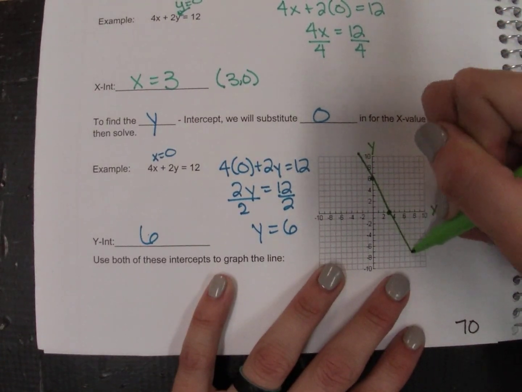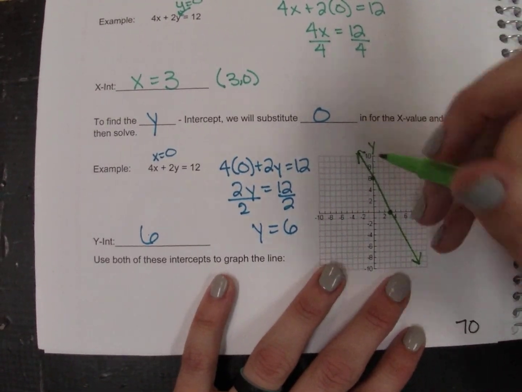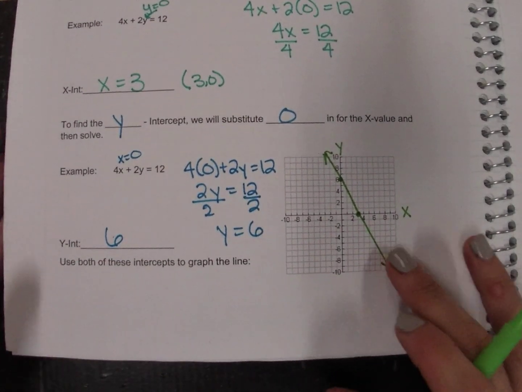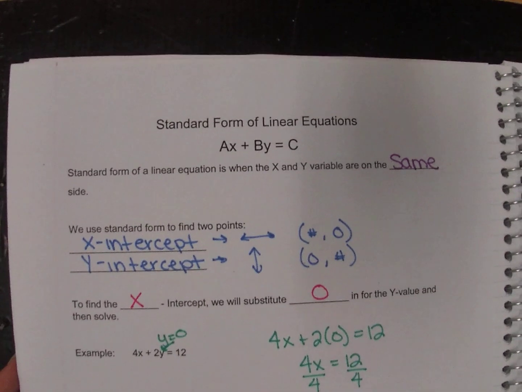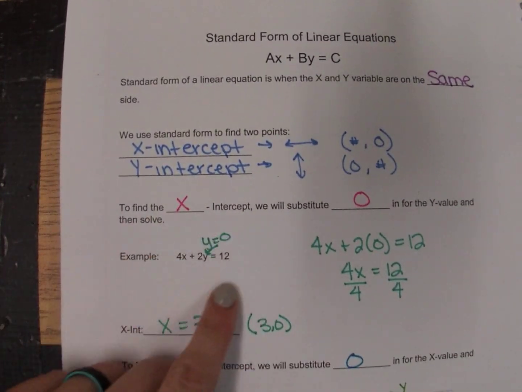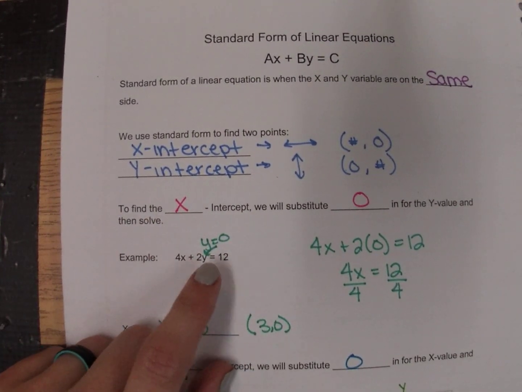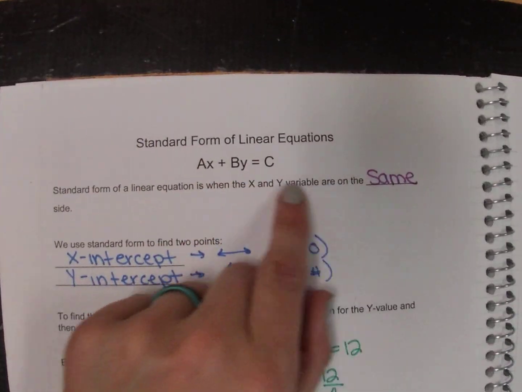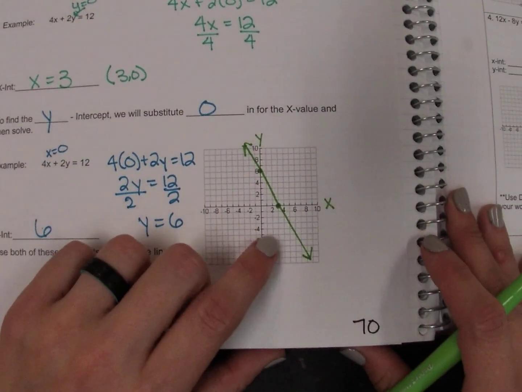And then I can create the line that goes through those 2 points, extending across the coordinate plane because this line really represents all of the x and y values that make this function true. But we are just using a shortcut of what we do as standard form to get to this graph.